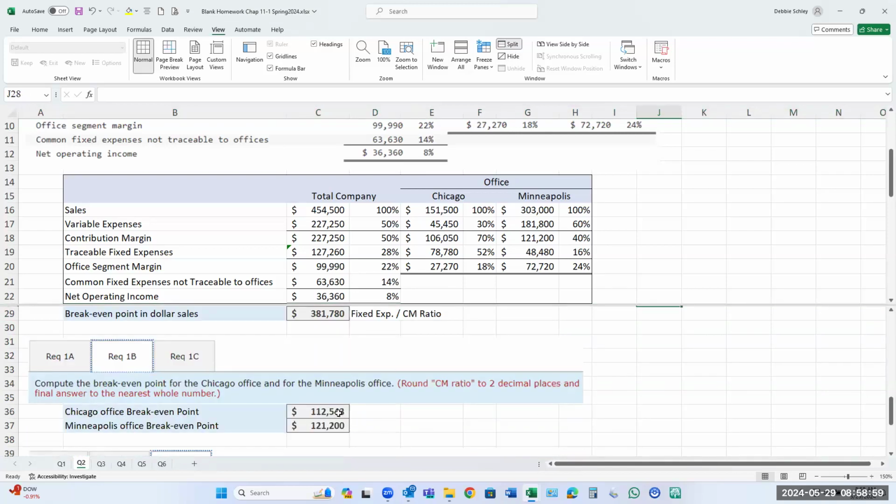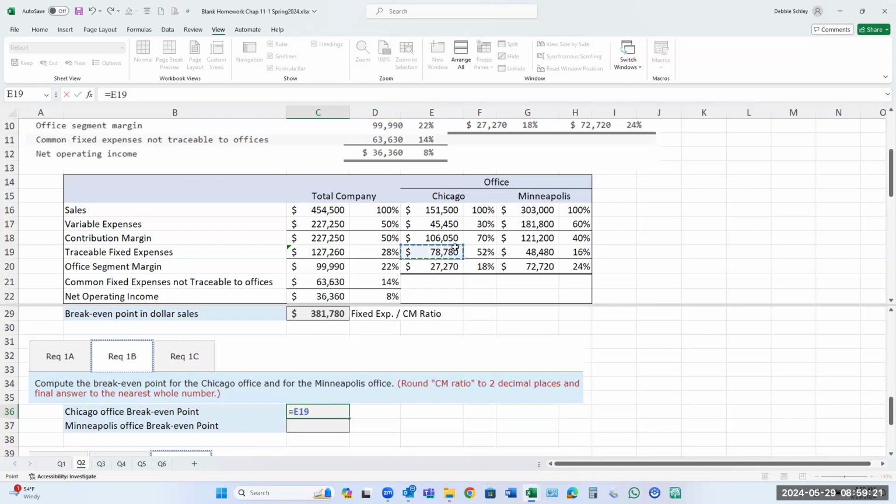Now, required 1B, they want the break-even point for the Chicago office and for the Minneapolis office individually. So again, it's going to be the fixed expenses divided by the contribution margin ratio. But in this instance, we're just going to look at the Chicago office.